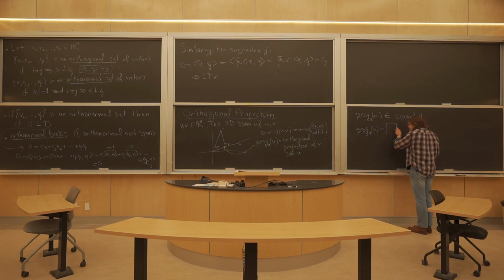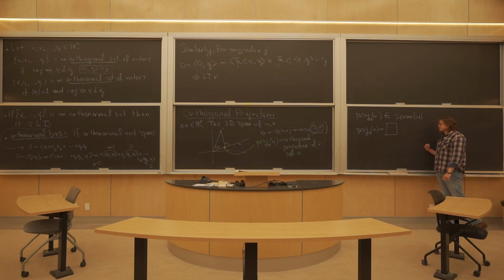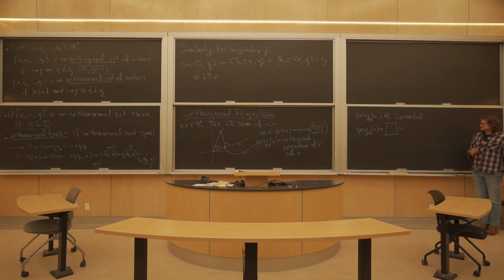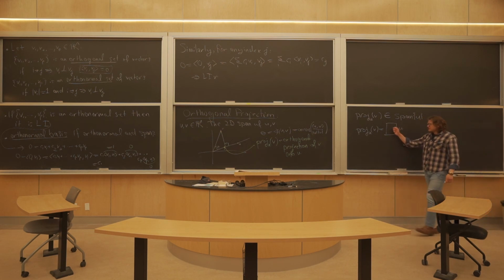So there is some number that I need to figure out, such that proj sub u of v is nothing but that number times u. Okay? So I need to figure out this magnitude.